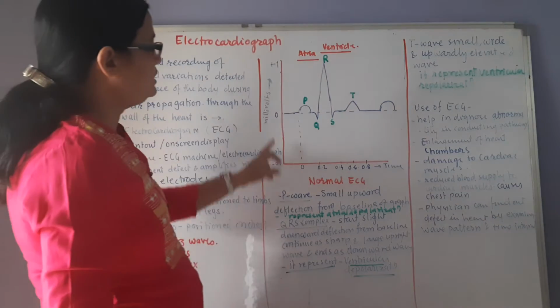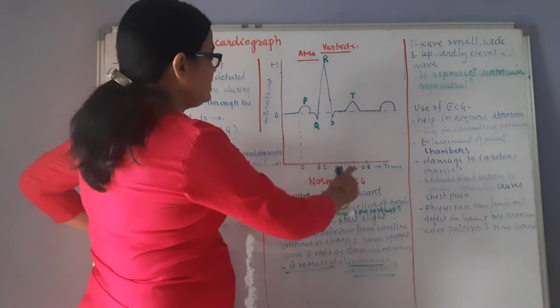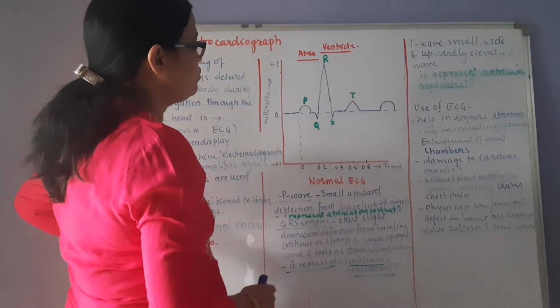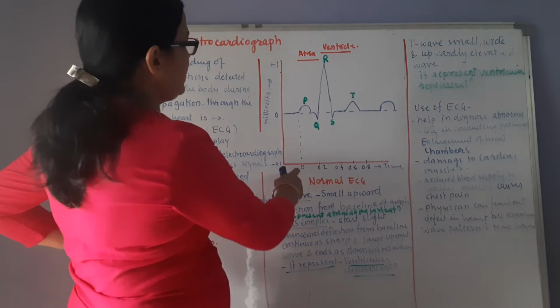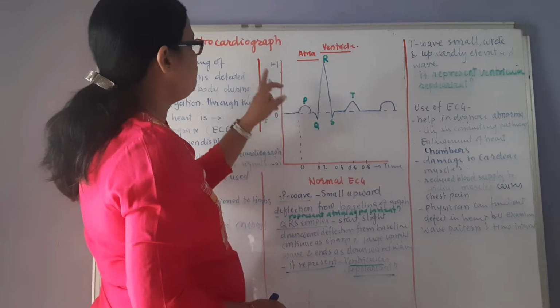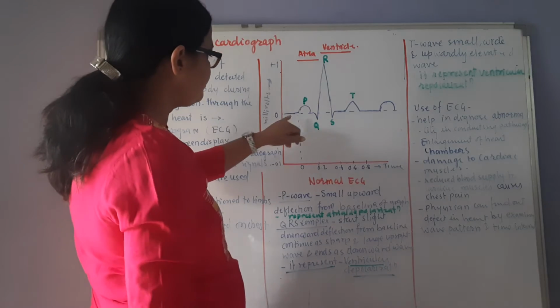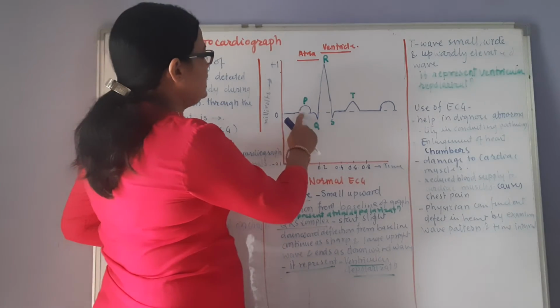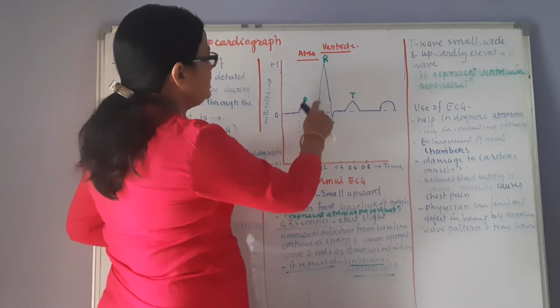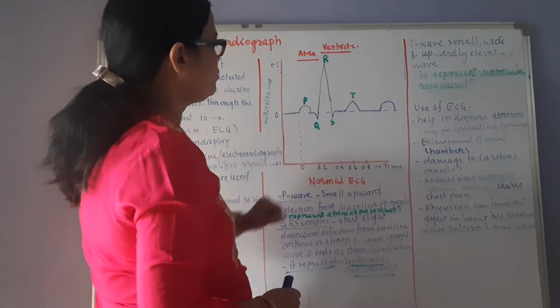So see, in this I have drawn the normal ECG here. On the x-axis we have drawn the time in seconds, and on the y-axis we have drawn the millivolts or amplification of the voltmeter. Right. Here, whatever the inclination is observed, then declination, then again a peak inclination, that shows the 3 types of waves.